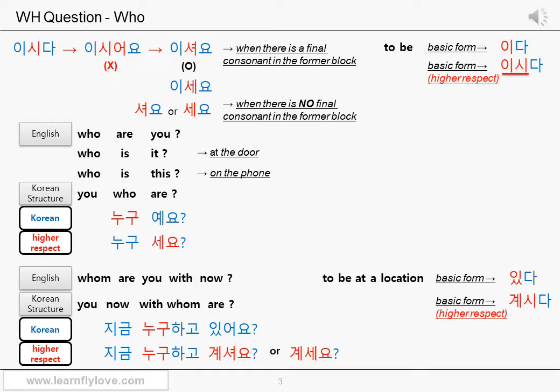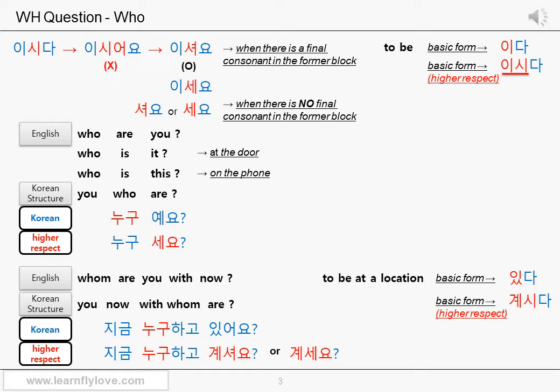Something, someone is with someone. There is something, and etc. Okay? 있어요. 있어요 is the present simple form with honorific suffix 요. 지금 누구와 있어요? 지금 누구하고 있어요? 지금 누구랑 있어요? As you know, 하고 and 랑 are used more commonly.